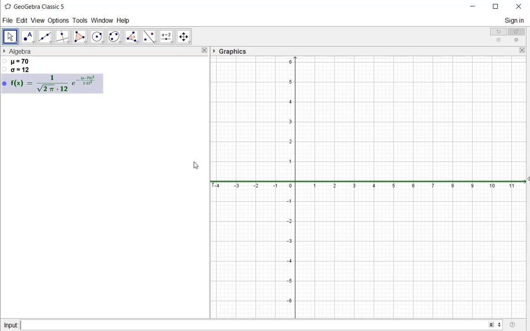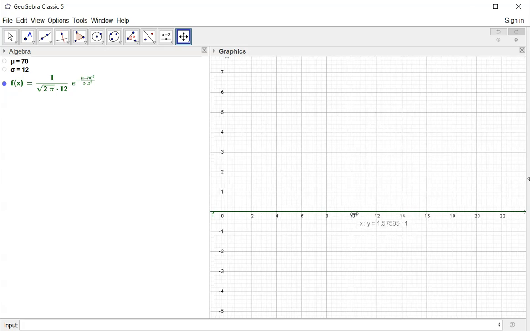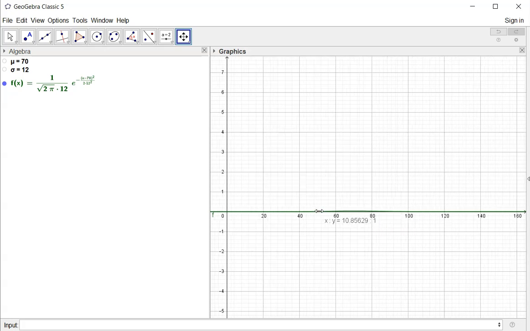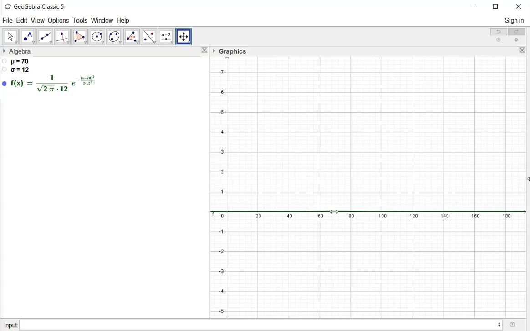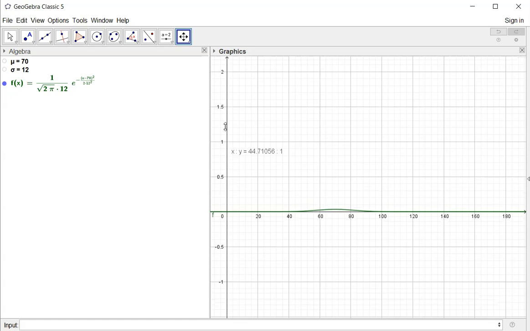So we have that. Let's see what this looks like in the picture here. GeoGebra draws the picture for us. The mean is 70, so we should probably pull that over. So the mean is around here. Then I'm going to stretch it out so that you can see the curve a little bit better.